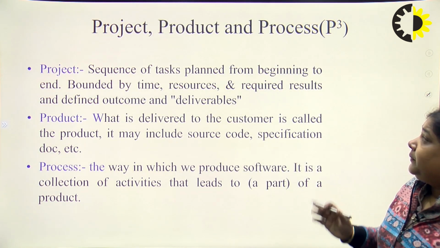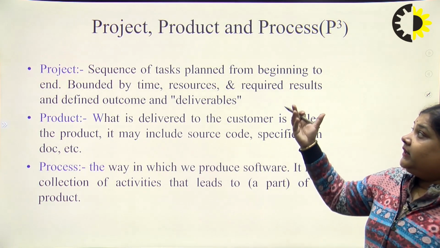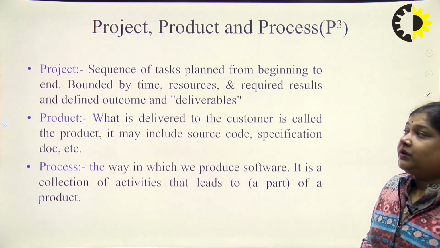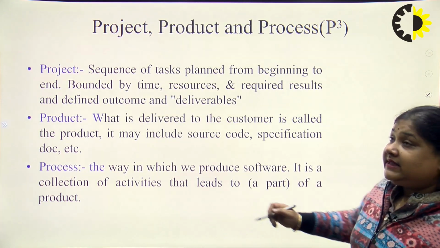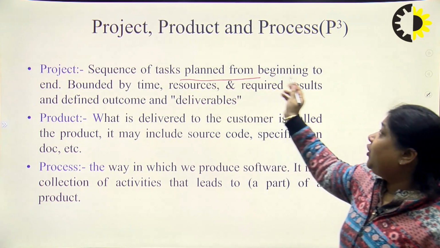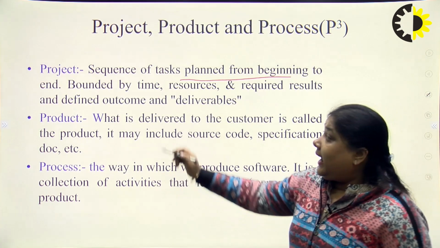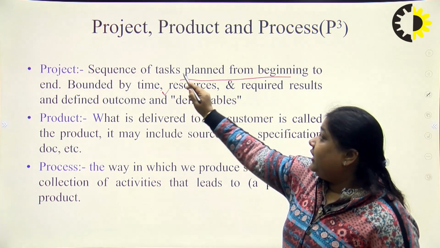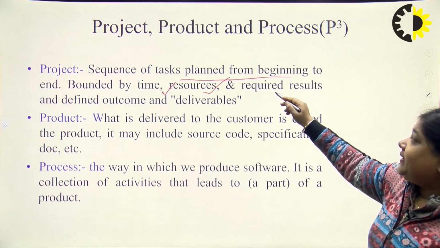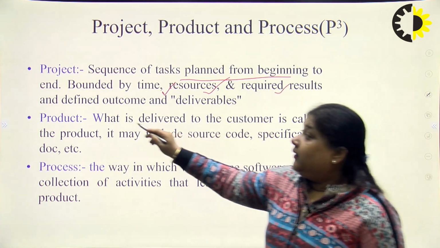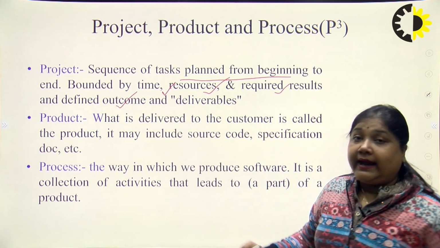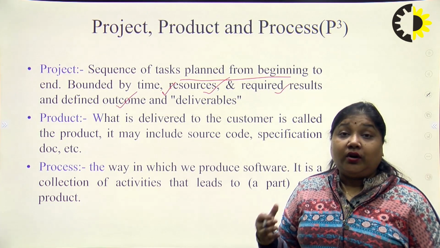Now we have the 3 Ps, that is project, product and process. What is a project? A sequence of tasks planned from beginning to end and bounded by time, resources and required results, with a defined outcome and result, and the product, that is called deliverables.